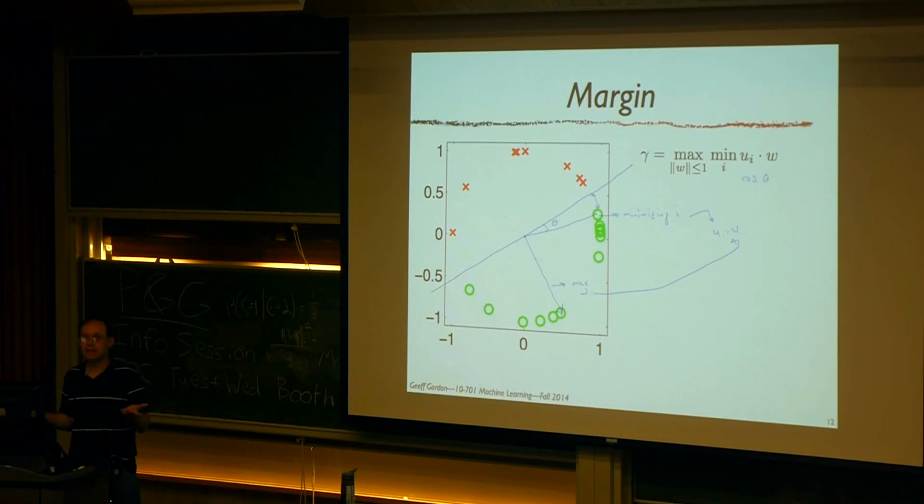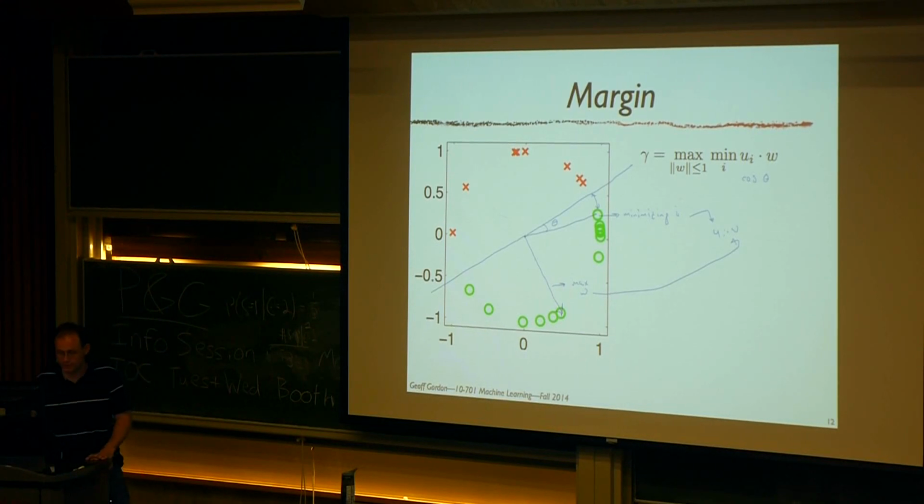Then it's a little less easy to interpret what the margin means in that case, but this definition holds as well. So I drew them so that every example has unit norm, but the definition works as long as they have bounded norm. If they didn't have bounded norm, then this angle could be made arbitrarily small as you went to bigger and bigger examples. So you assume your examples have bounded norm, and you look for this max over weight vectors, min over examples of this dot product. Okay.